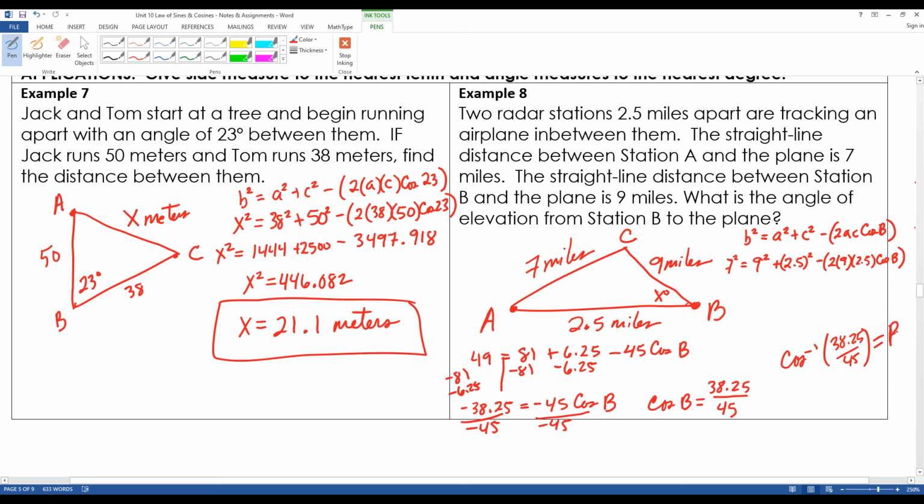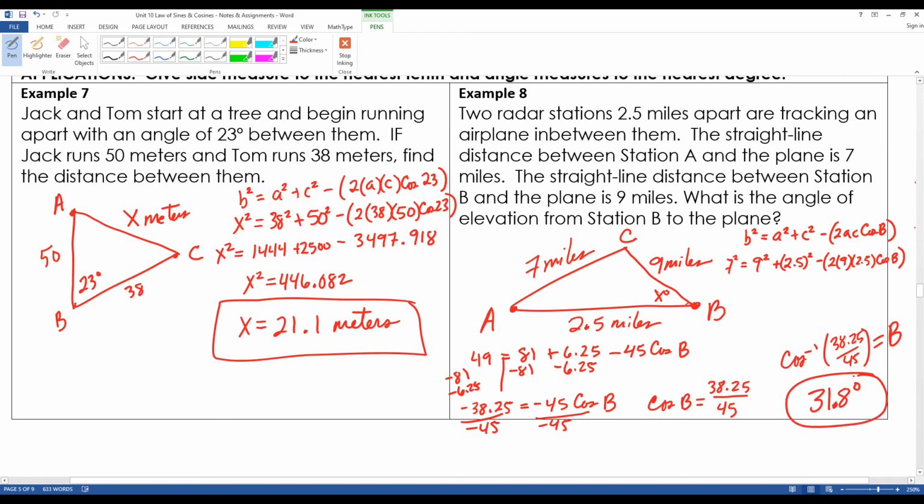That's going to equal my angle. What is my angle? Let's go. Second cosine 38.25 divided by 45, enter. 31.8. That angle of elevation is 31.8 degrees.